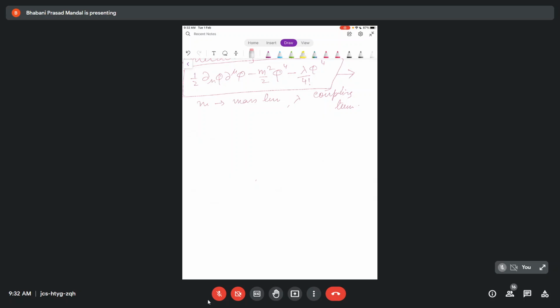Yes, sir. A particle cannot gain energy by itself, but it can lose energy. For gaining energy, you have to supply energy from outside. For example, in the harmonic oscillator, if you excite the particle, it will go to n equal to 1, n equal to 2, n equal to 3, and depending on how much energy you provide, it will go to upper and upper states.